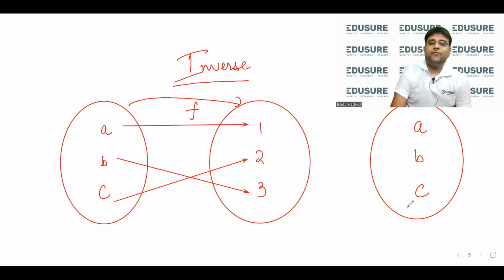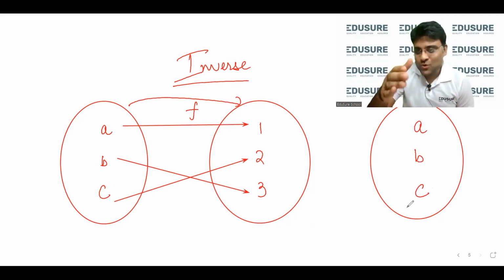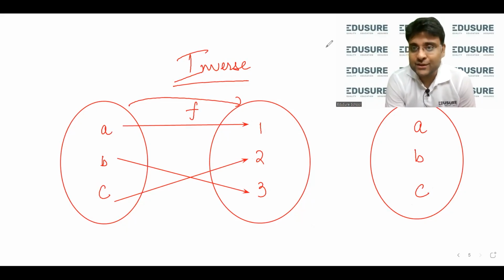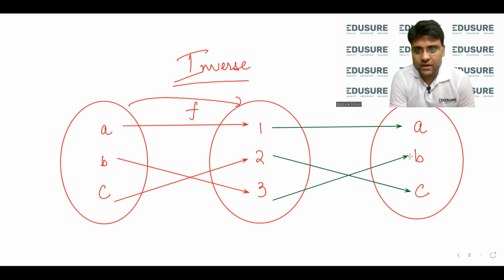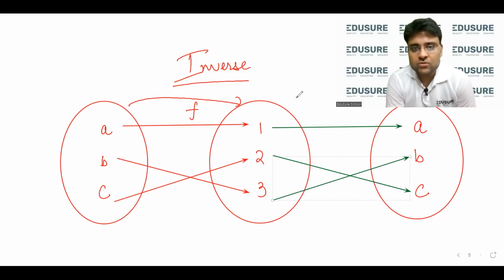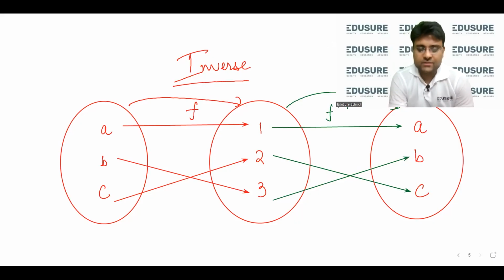So I traveled from A to 1, B to 3, C to 2, and now I want to go back. So the traveling back is the inverse. So 1 is going back to A, 2 is going back to C, and 3 is going back to B. Okay, so this is f inverse.